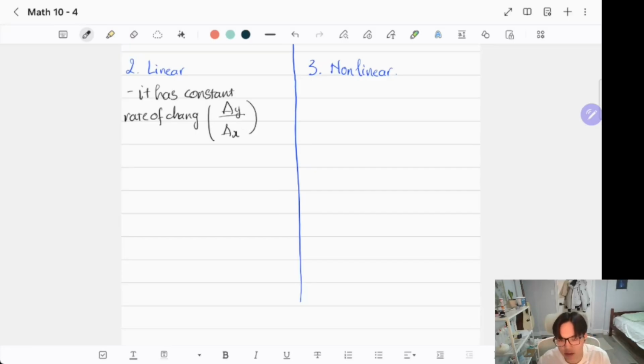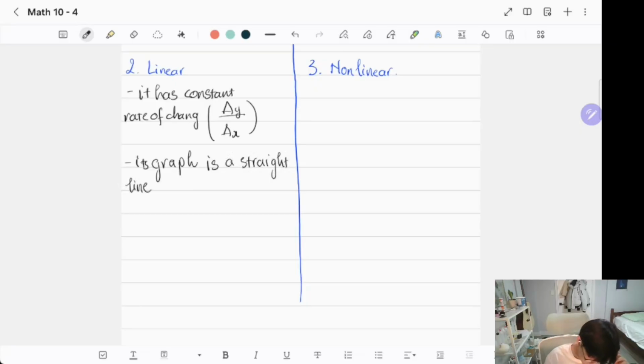Constant means it does not change over time. And its graph is a straight line.